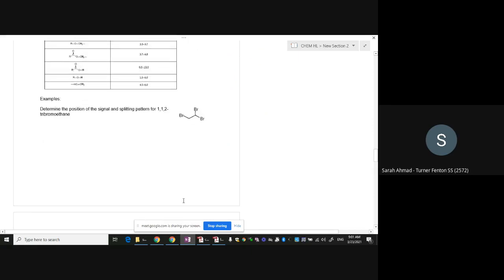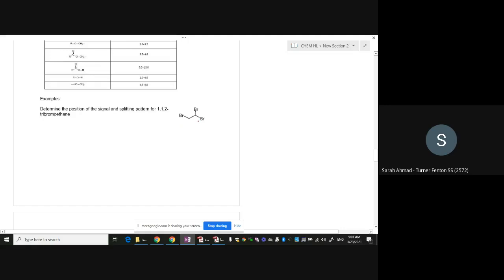So we're going to take baby steps. I'm not going to jump right into looking at NMR spectrums. The idea is we're going to first draw anticipated NMR spectrums. And then we're going to confirm. Because if you can draw them, after a while, when you look at them, you'll see patterns. And it will become much easier. So, guys, I want you to draw the complete structure for 1,1,2-tribromoethane.